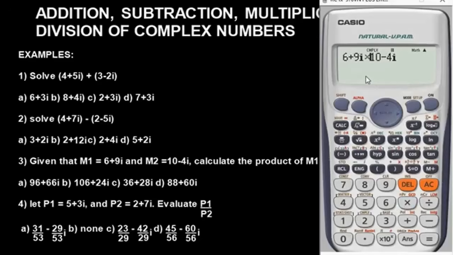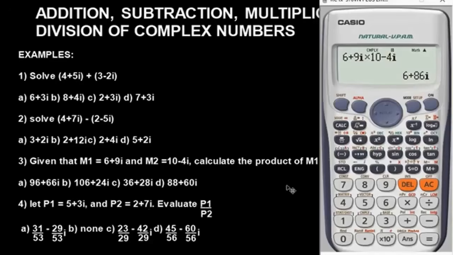Let's press equal to now and see what we will get. 6 plus 86i, so it gave us a wrong value. So you have to follow the initial process I used to solve the multiplication aspect of complex numbers, their questions and all that. So that's it for the multiplication.